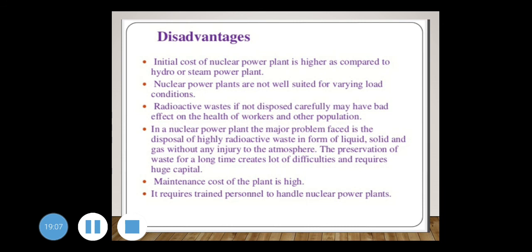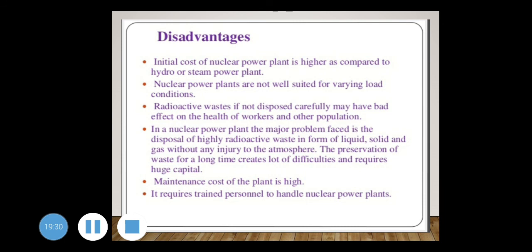In the nuclear power plant, the major problem faced is disposing of highly radioactive waste in the form of liquid, solid, and gas without any injury to the atmosphere. The preservation of waste for a long time creates a lot of difficulty and requires huge capital.